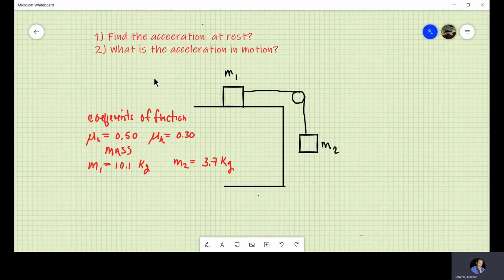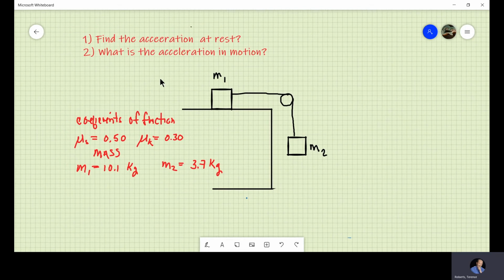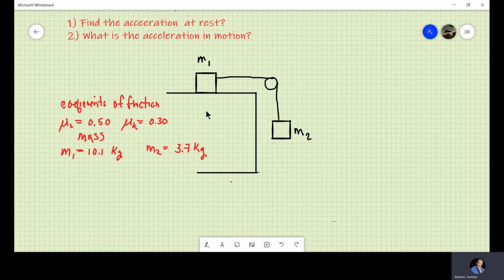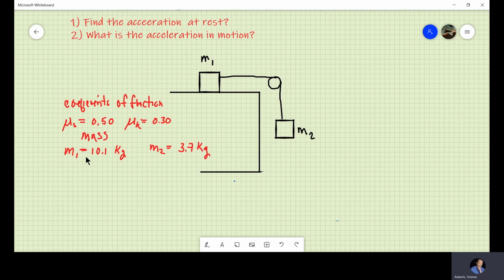In this problem, we have a system of masses on a pulley connected by a string or cable. It tells us the coefficients of friction. It gives us the coefficient of static as 0.5 and the coefficient of kinetic as 0.3. So they must be wanting us to do two types of problems, one with static and one with kinetic. They give us our masses M1 and M2.